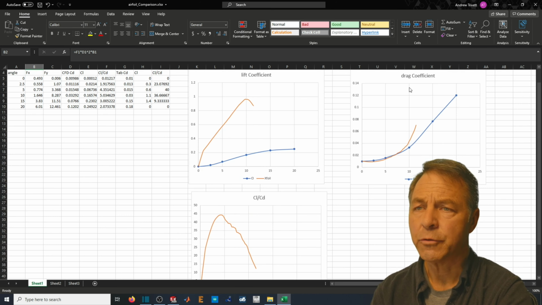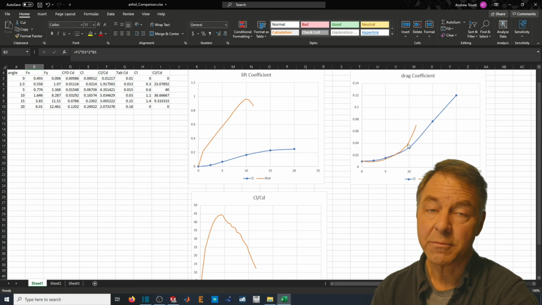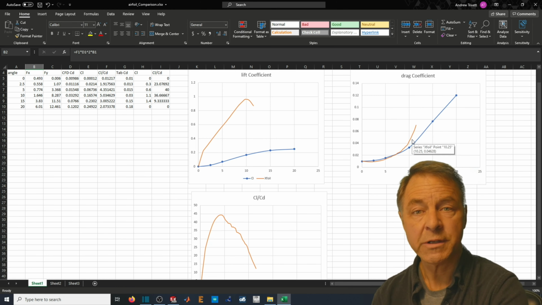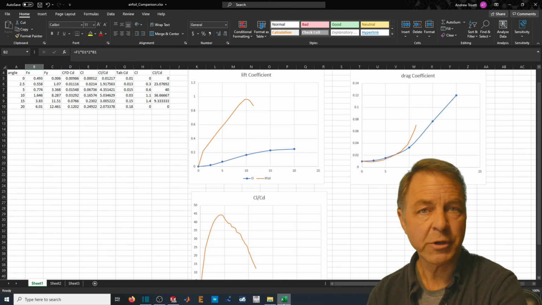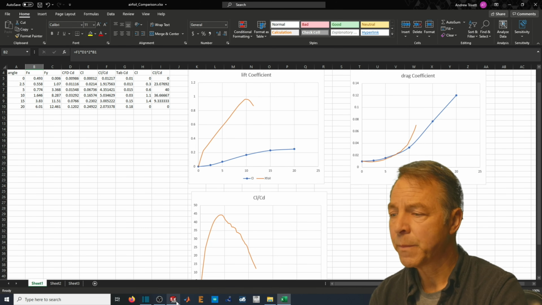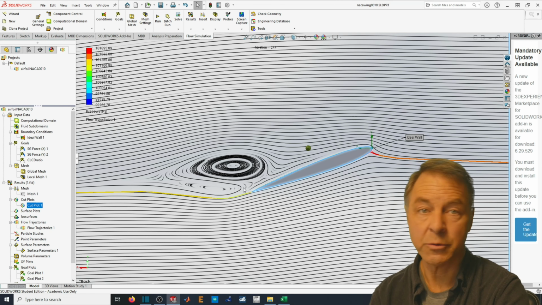So the drag should be very high, and the reason why that drag is so high is because this wing has stalled. There is an eddy on the back side of the wing, which is destroying any chance of there being lift. And in fact, that's what our simulation has shown.